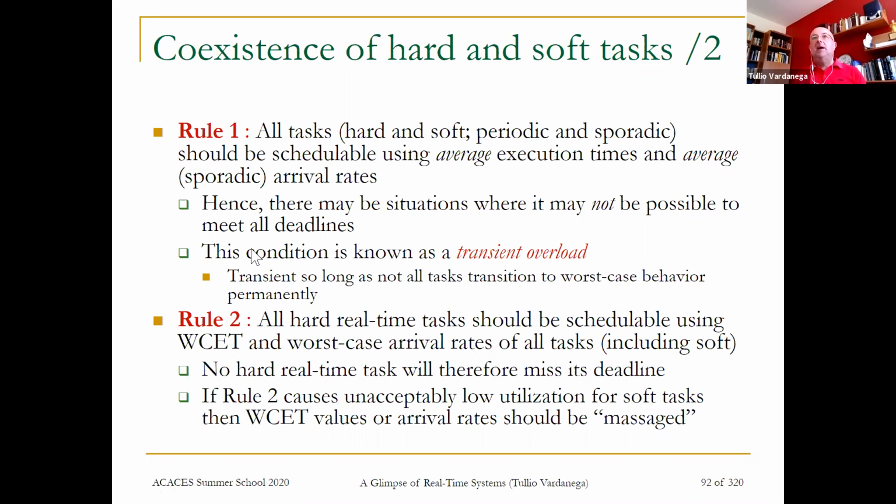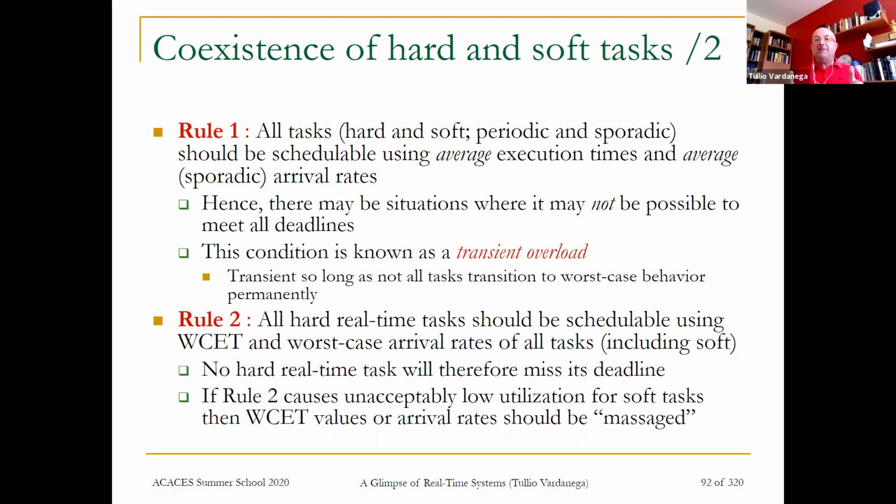And it says, well, first of all, try and reason average case. Oh, average case. You told us many times, you don't consider average case. This is the beginning of a rule. You try and see whether the average case execution times for all tasks, hard and soft, meet their deadlines. And you want to be able to say yes, not a politician's yes, a true yes.